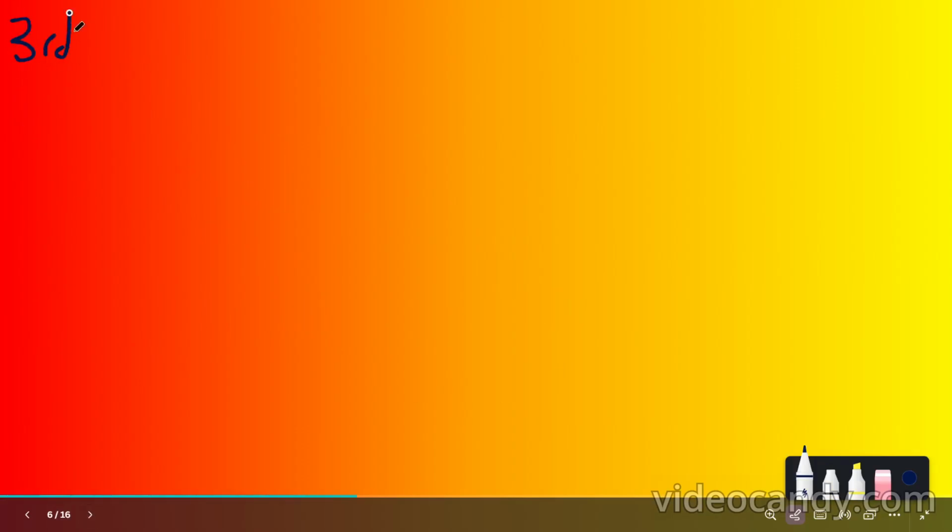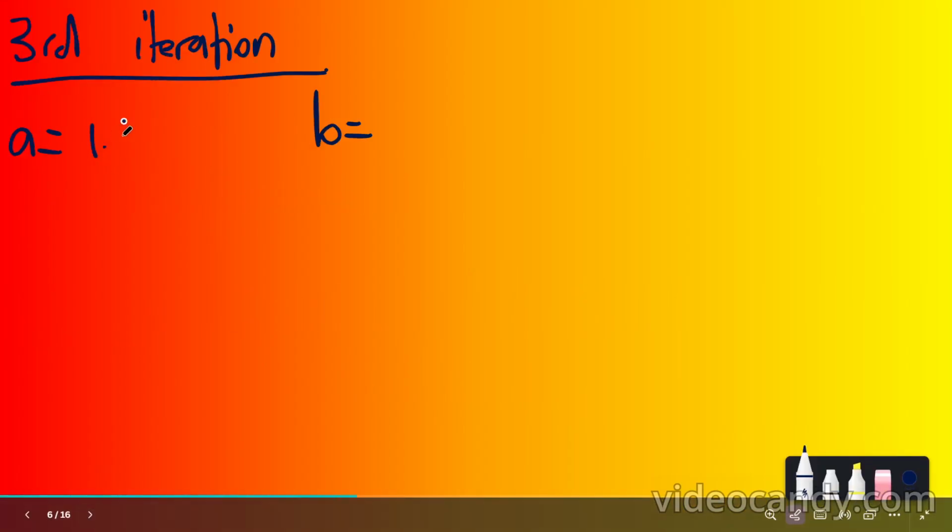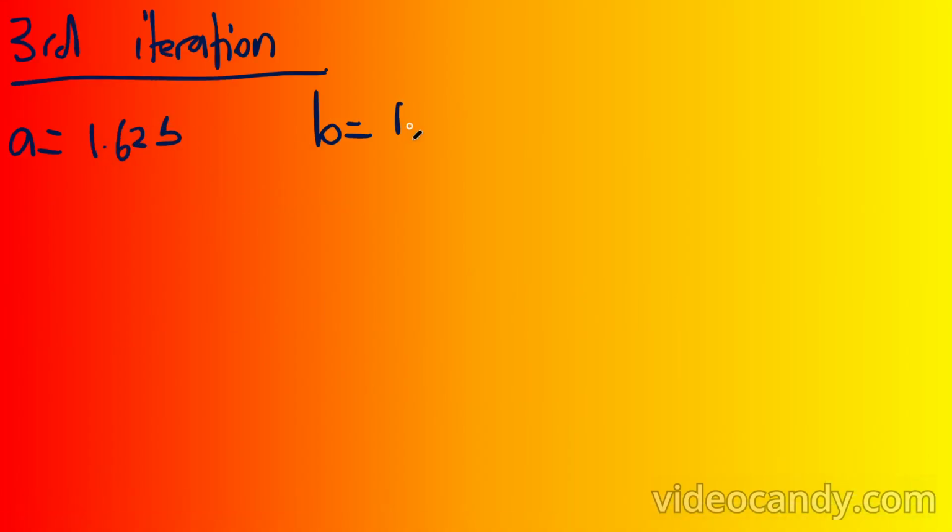For the third iteration, what are a and b? Please guess it. If the number becomes positive, a is 1.625 and b is 1.5.